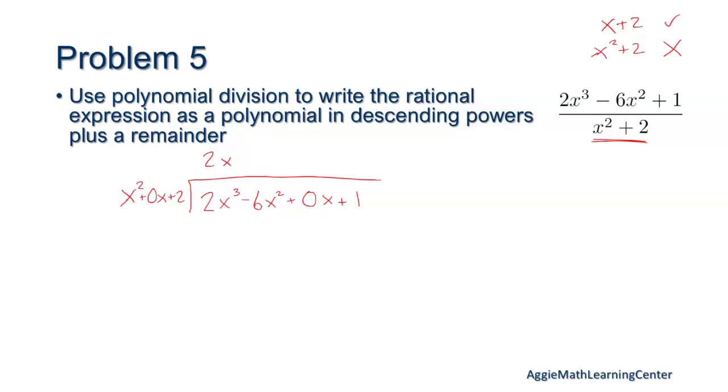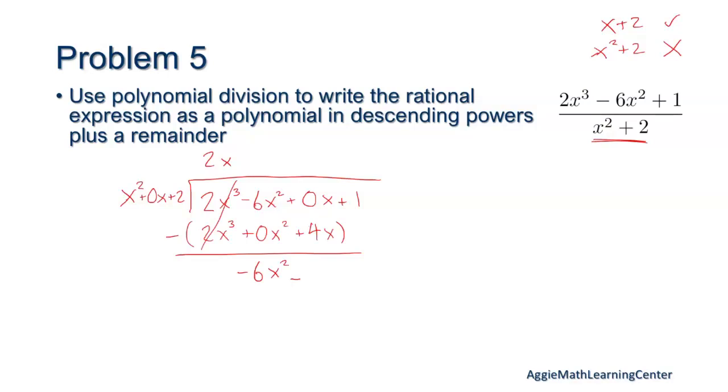And then you're going to multiply that: 2x cubed plus 0x squared plus 4x. And then I'm going to multiply the whole thing by negative right there. That cancels out. This becomes minus 6x squared.